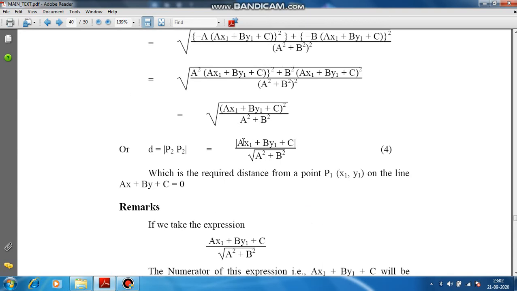This value may be negative, but to make it positive we give the modulus sign. So the perpendicular distance from a point (x1, y1) to a line ax plus by plus c equal to 0 is this.